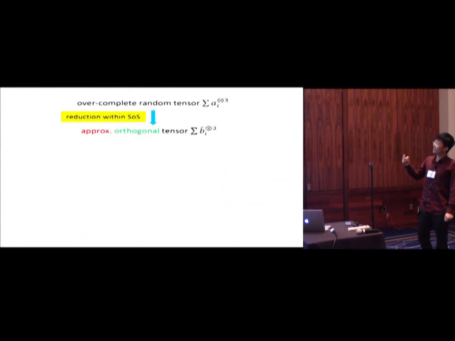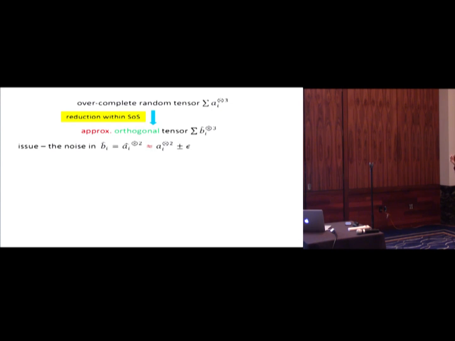So in some sense, what we have said is that there's a reduction from the overcomplete random tensor decomposition within sum of squares to approximately orthogonal tensor decomposition, which sounds like an easier problem. So here, orthogonal is our friend because we know how to solve the orthogonal case. The approximation is the issue that we are going to address in the next 2 slides.